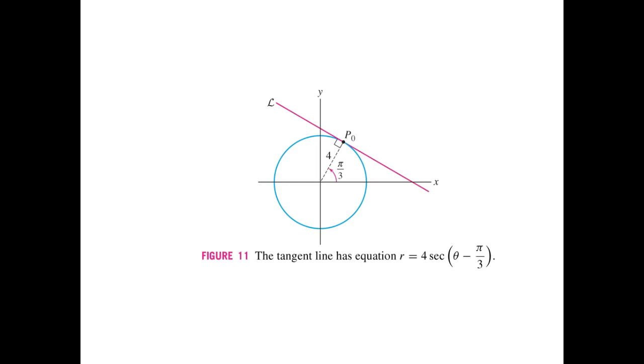So if we're expressing the tangent line to a circle of radius 4, then obviously in a circle centered at the origin, the closest point to the origin, that's the thing we were talking about, would be your 4, and then the secant of theta minus, in this angle here they told you was pi over 3, theta minus pi over 3.